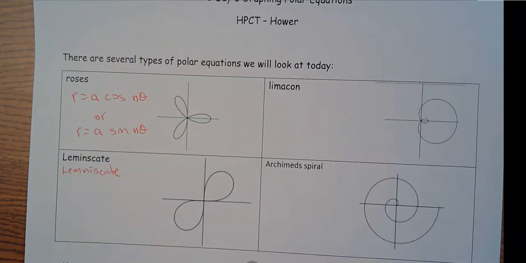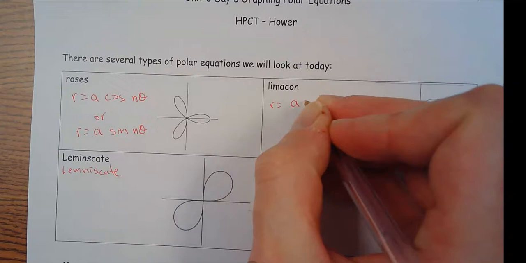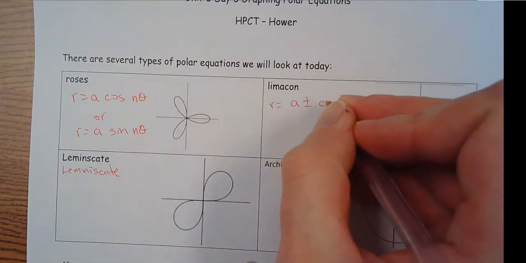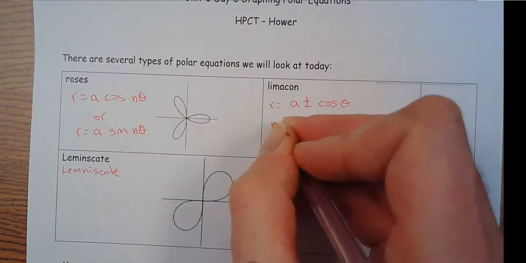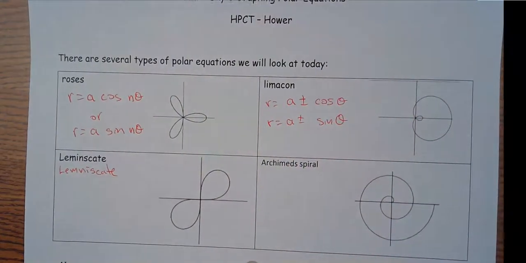But typically it does have some symmetry to it. There's always some symmetry when you're talking about roses. Limaçons is r equals some number plus or minus cosine theta or sine theta. We'll produce something like that.